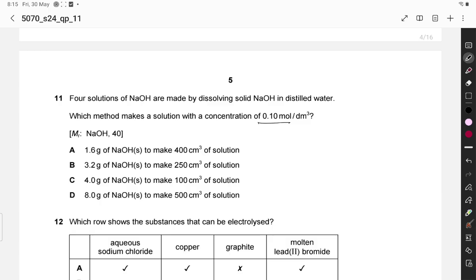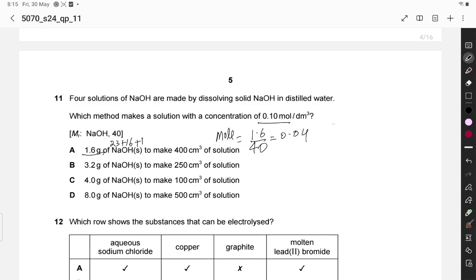First find out the mole of all quantities. 1.6 divided by sodium 23 plus oxygen 16 plus 1, which is equal to 40. 1.6 divided by 40 is 0.04 mole.